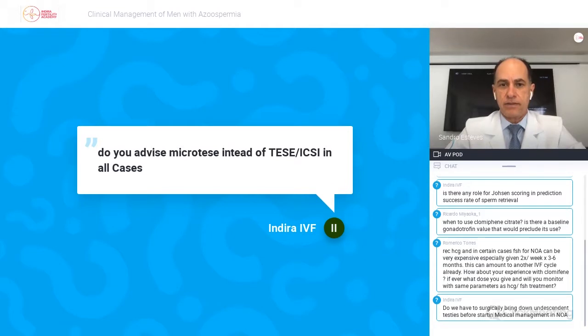My approach is once and done, which means I want to do the procedure that could extract as much sperm as possible to allow cryopreservation using the cell sleeper method and to allow multiple ICSI cycles. So my approach is to offer the patient just one sperm retrieval procedure.